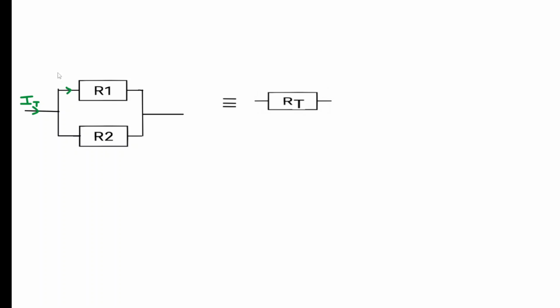The current that goes through this branch is I1 and the current that goes through the other branch is I2. The current through this one is I total as before, the same current. Now the voltage across the resistors is the same. Let's say the voltage is V and it's the same here.